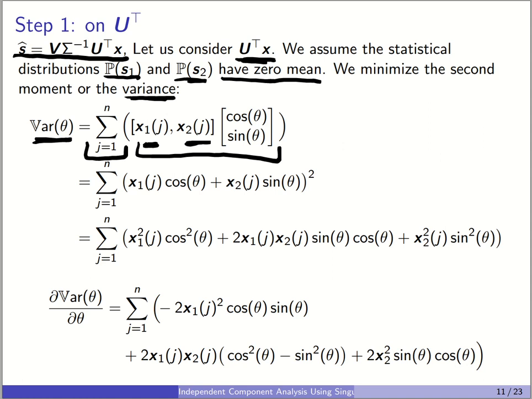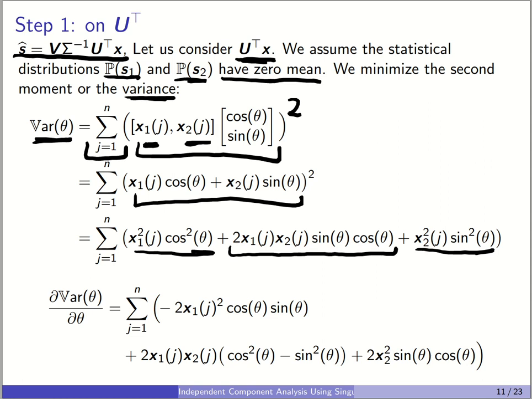And then we also say x1 cosine theta and x2 sine theta. This is because of the rotation, and this can be written in this form: x1j cosine theta plus x2j sine theta, squared. Let's simplify this parenthesis. We will have x1 squared cosine squared plus x2 squared sine squared plus 2 x1 x2 sine cosine.